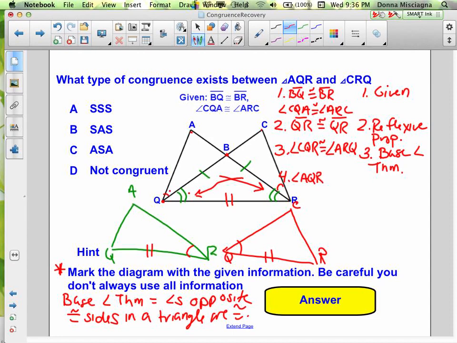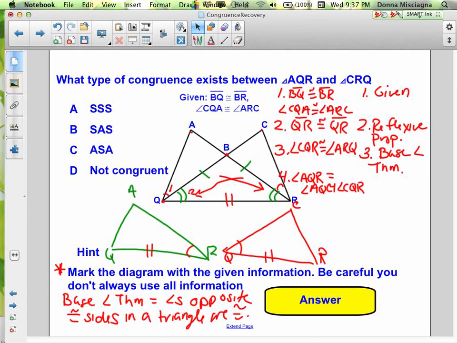Angle AQR is just equal to angle AQC plus angle CQR. So I'm adding up the two little angles. Well, I'll label them. We'll call this angle 1 and angle 2.